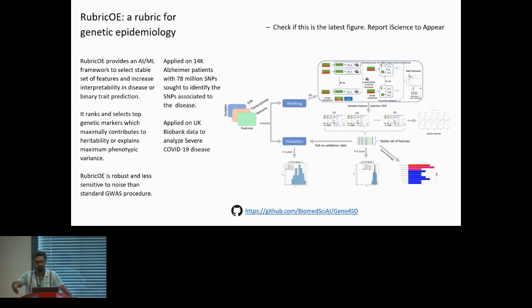It's an SVM machine learning pipeline for variability-based feature ranking, cross-validating a selection of different feature sets. We applied RubricoE in different contexts: Alzheimer's, COVID, and large amounts of data such as the UK Biobank, performing novel statistical analysis on that.